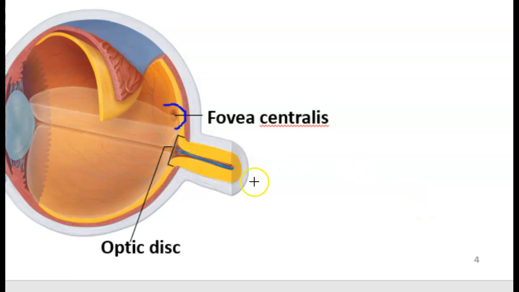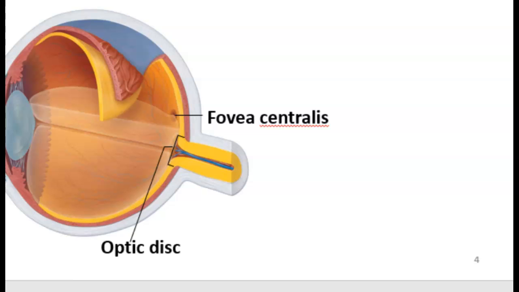So when light rays hit this part of the retina, the most photoreceptors are stimulated, but that would be for bright conditions, because we would see colored objects. In the dark, when we're trying to view shades of gray, it's better when light hits other regions of the retina, because that's where the rods are located.